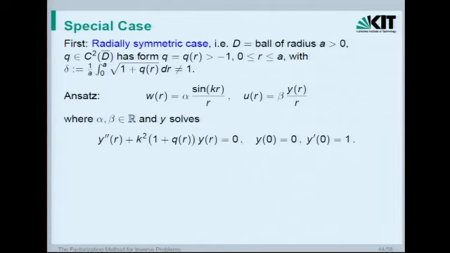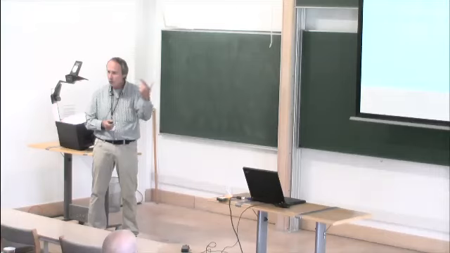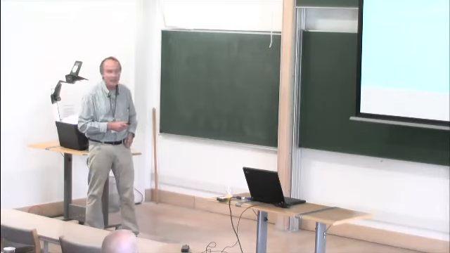So this is one of the Bessel functions here, the first one. Now you have w and u of that form, and you have two parameters, alpha and beta. If you match the boundary conditions, Dirichlet and Neumann, that gives you two equations for the two unknowns, alpha and beta.